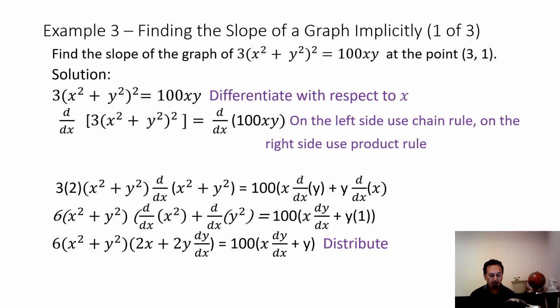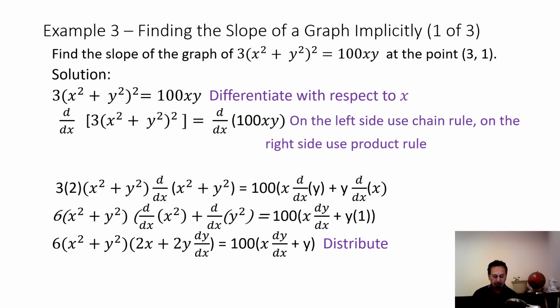Now if we simplify, 3 times 2 becomes 6, we type x squared plus y squared, and here we break it down into two derivatives using the sum rule of differentiation. So d over dx of x squared plus d over dx of y squared equals 100 times x dy over dx plus y times dx over dx, which is 1.